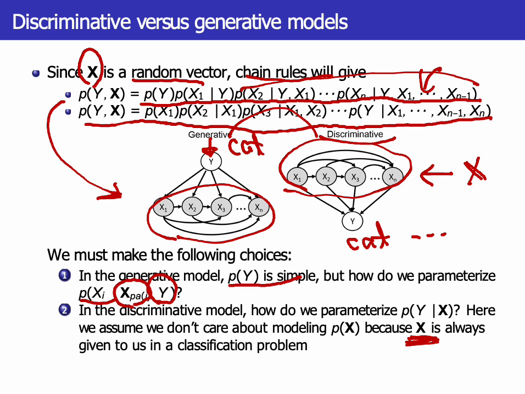After you give x, you get y. This is a discriminative model. And we don't need p(x) modeling because x is always given in classification problems.